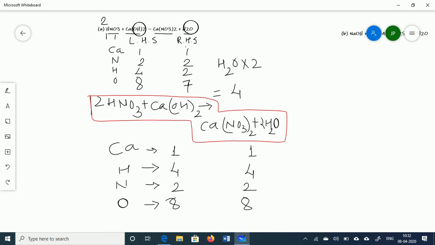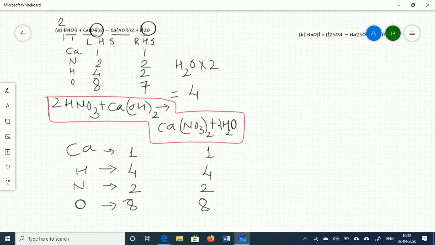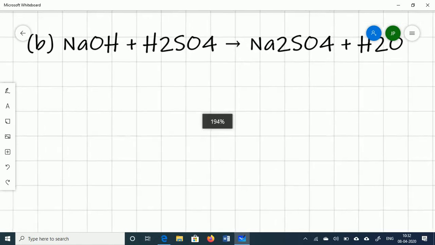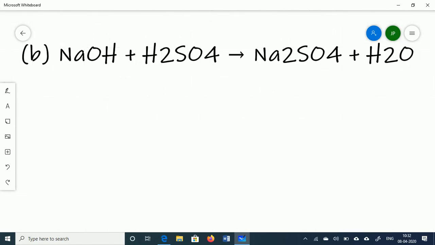Now we should go for the second practice equation. Here NaOH, sodium hydroxide, is going to react with sulfuric acid and is going to produce sodium sulfate plus water molecule, right?